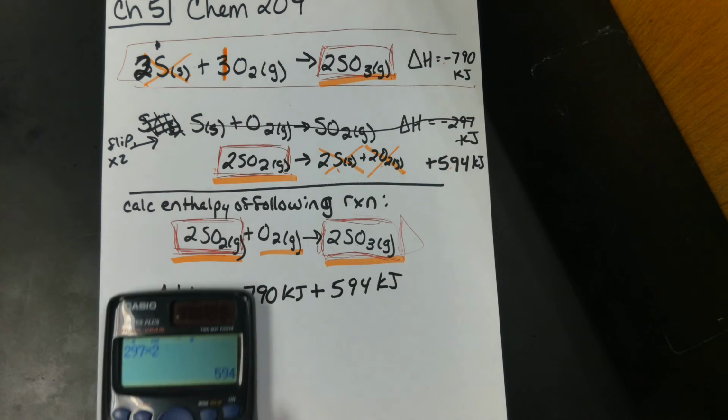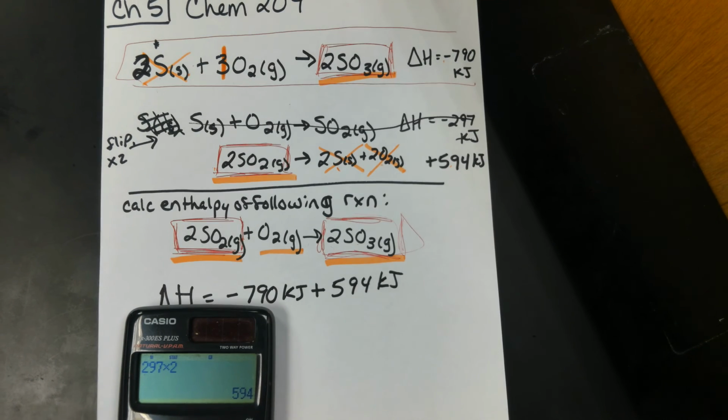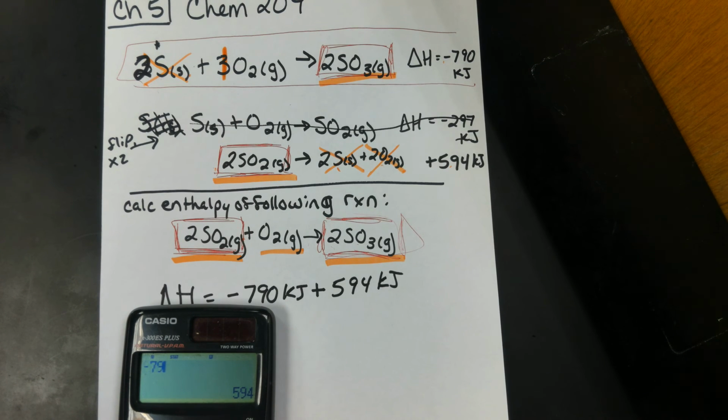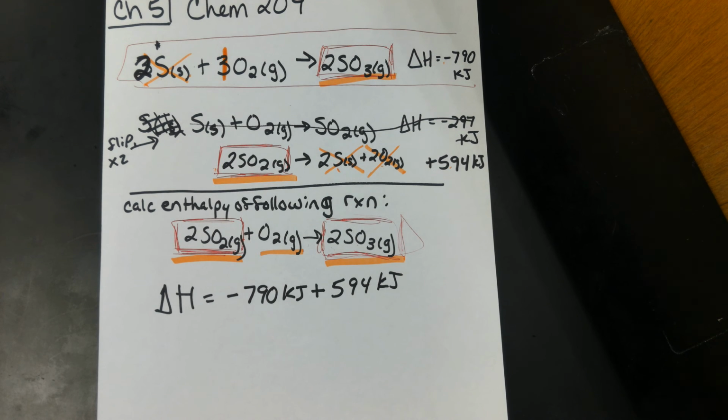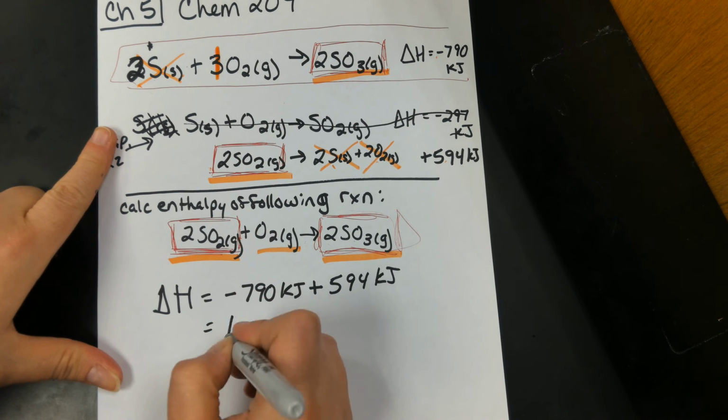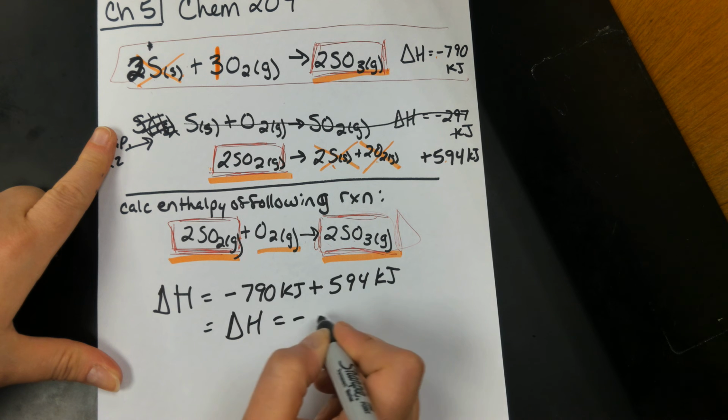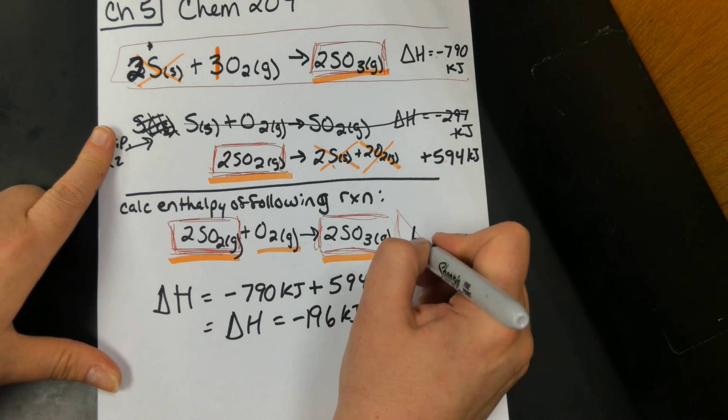So what is that? Negative 790 plus 594, that's negative 196 kilojoule. So you could even put it right here.